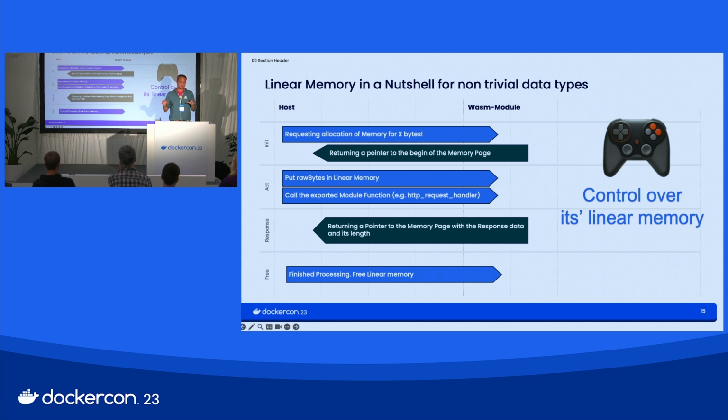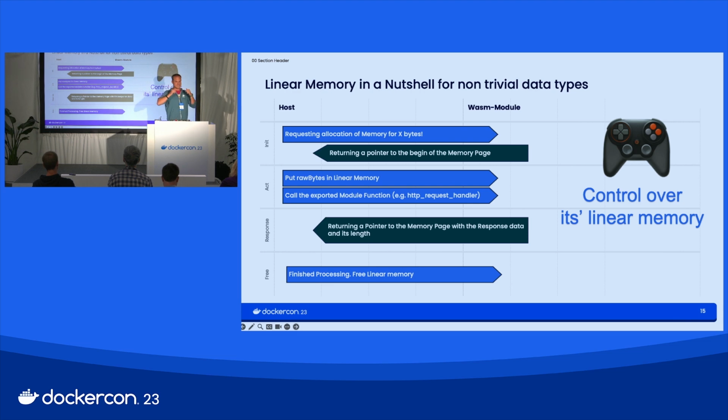And that's what I've tried to illustrate in this little diagram. As said, it's in a nutshell, on a very high level. It's technically not 100% correct, but it should give you a little bit of an idea how that works. So from the host, think of the HTTP request. We receive the HTTP request, and we would like to send it to the WebAssembly module.